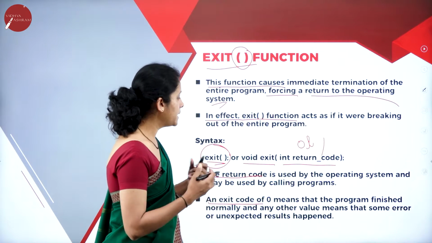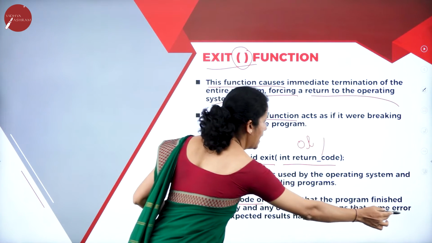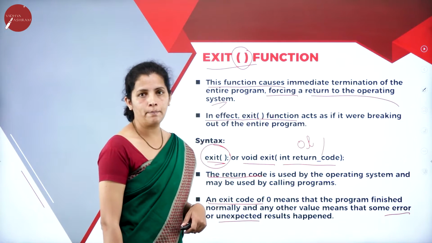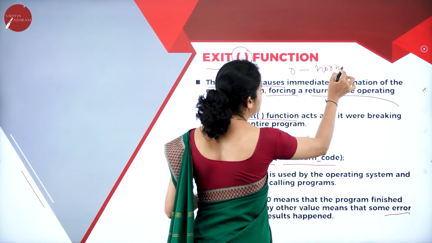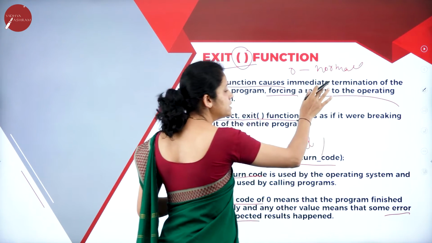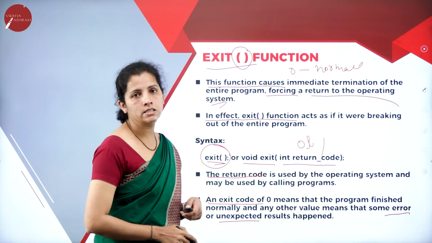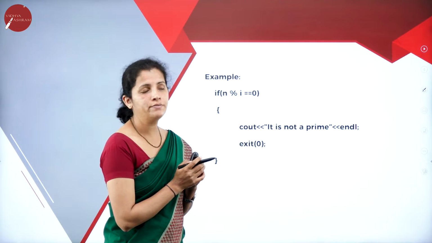If I get anything except 0, that indicates that some error or unexpected result happened. So 0 is normal termination; other than 0 is an error or unexpected result. This is the way I can use the exit function.